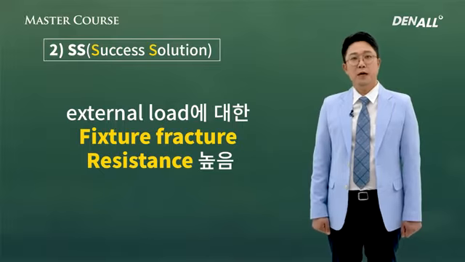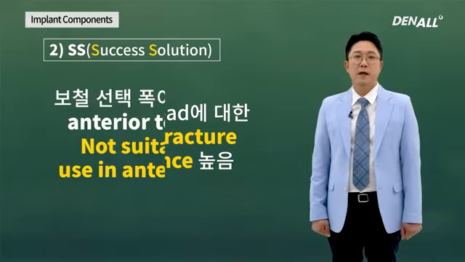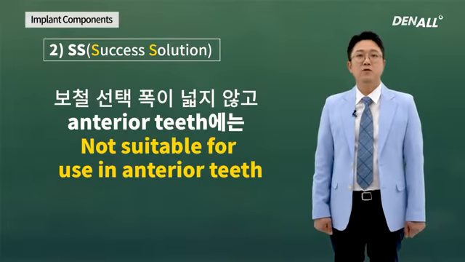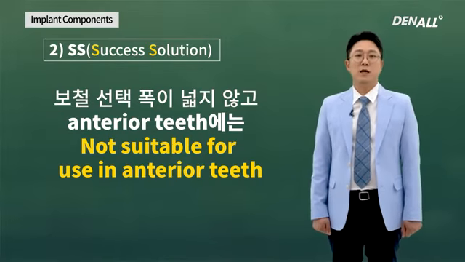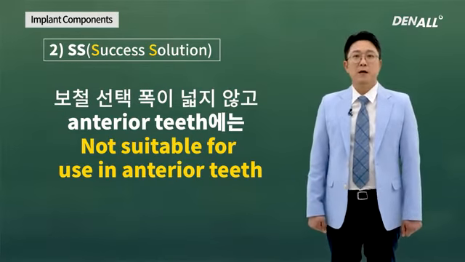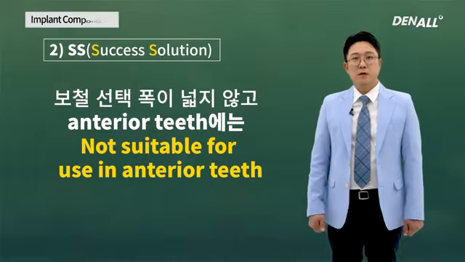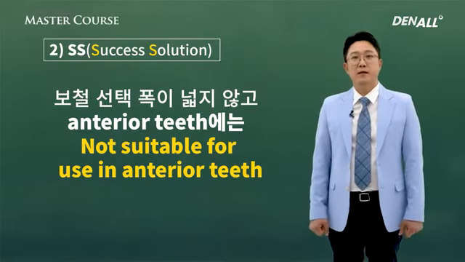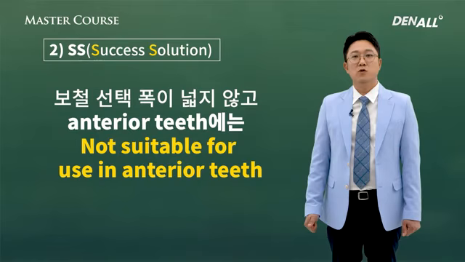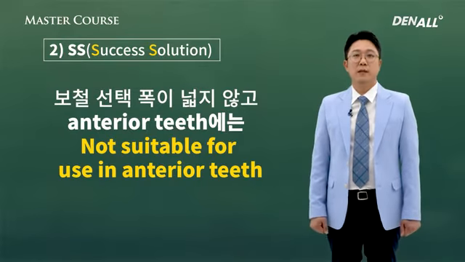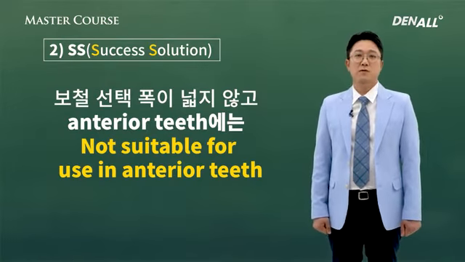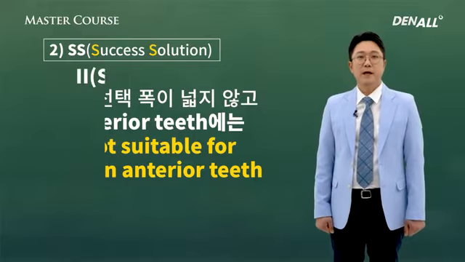However, the cuff shape of abutment is already fabricated along with the fixture, so abutment shape cannot be adjusted. Therefore, when you make prosthesis, especially in aesthetic anterior area, it has limited usage.